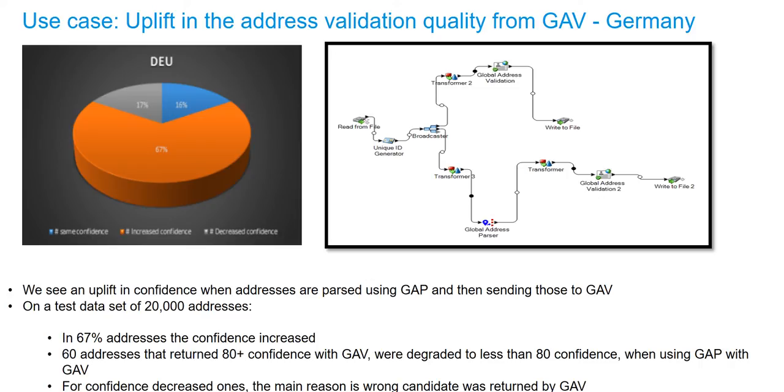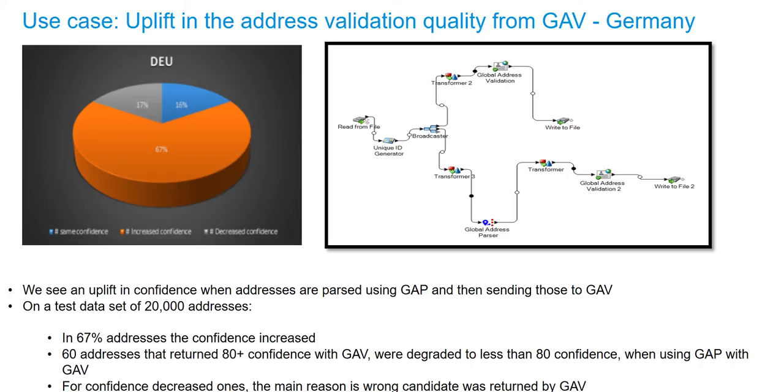Also, there were very few addresses which were valid earlier, but were invalidated by the address parser. But on a deeper analysis, it came out that those addresses were actually false positives from the address validation. So what it means is that those addresses, though invalid, were being validated by the global address validation, and after parsing, their confidence decreased.